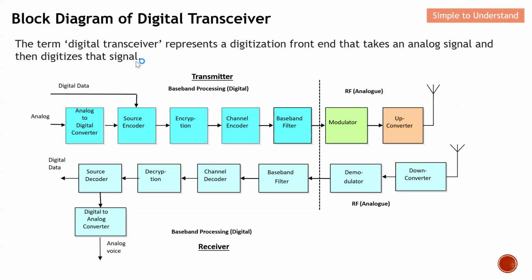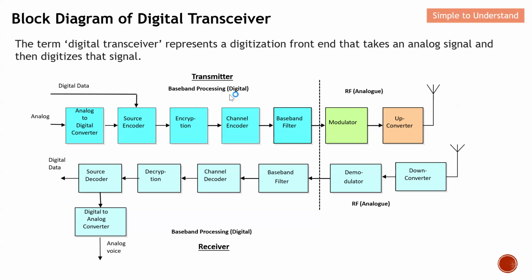Let's quickly understand the block diagram of a digital transceiver. The digital transceiver, in short, represents a digitalization front end that takes an analog signal. As you can see, a digital transceiver can also take an analog signal and then digitalize that. So everything from this onward will be all digital signal. In this video, I will mainly focus on these few blocks over here.